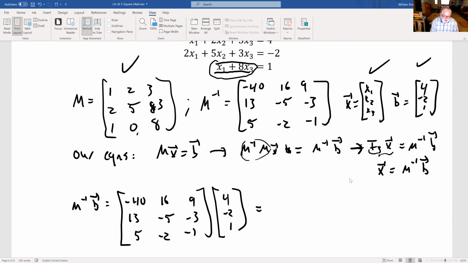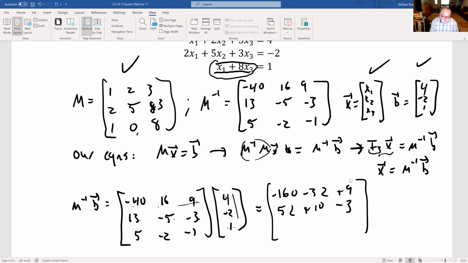If we multiply that out, minus 40 times 4 is minus 160, plus 16 times minus 2, which is minus 32, and then plus 9 times 1. That's the first row, because it's the first row of this matrix times this column. 13 times 4 is 52, plus 10, because it's the minus 5 times minus 2, minus 3. 5 times 4 is 20, minus 2 times minus 2 is 4, minus 1 times 1 is minus 1.